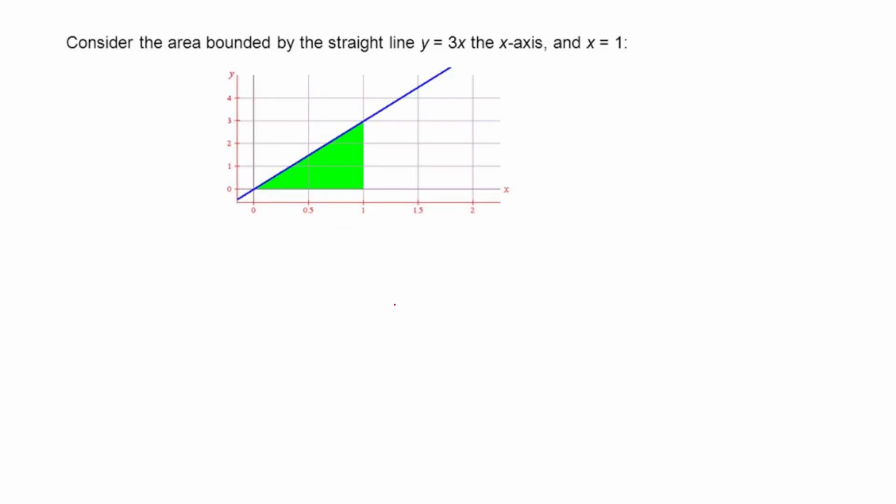Okay, so for example, we consider this straight line, y equals 3x, and the x-axis, and then x equals 1. So x equals 1 is this line here, then the x-axis, and then this line here, the blue line. So the area to be rotated is this green area.